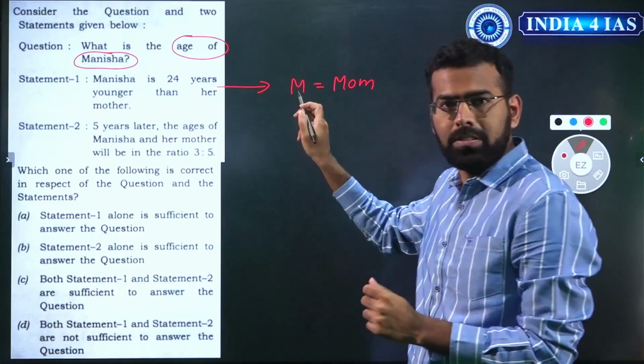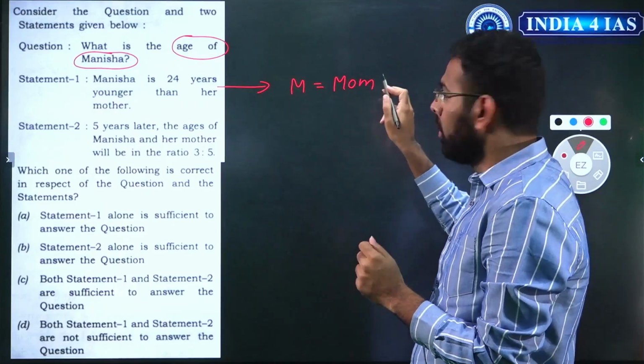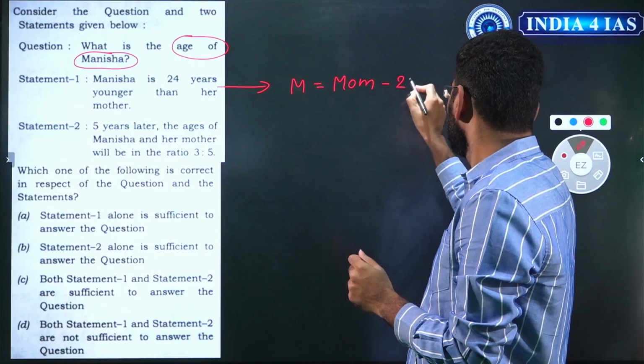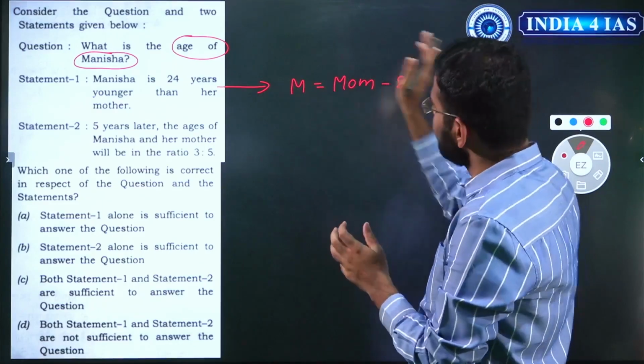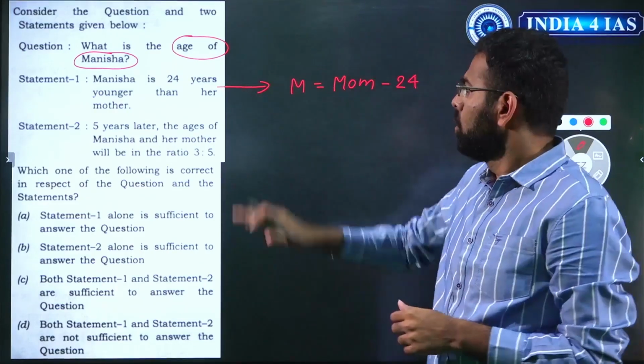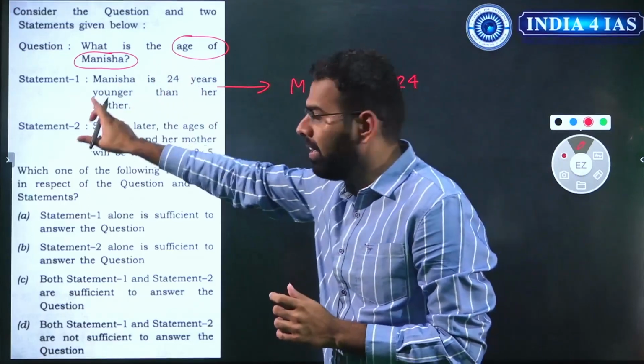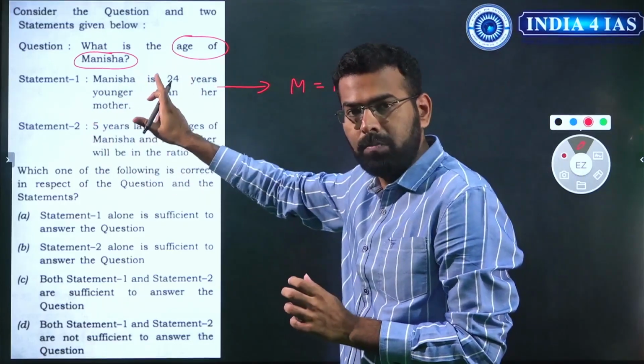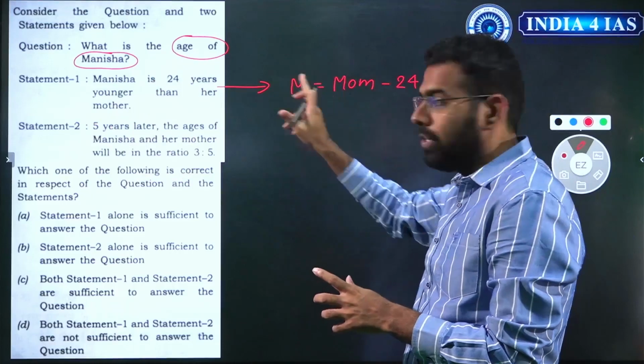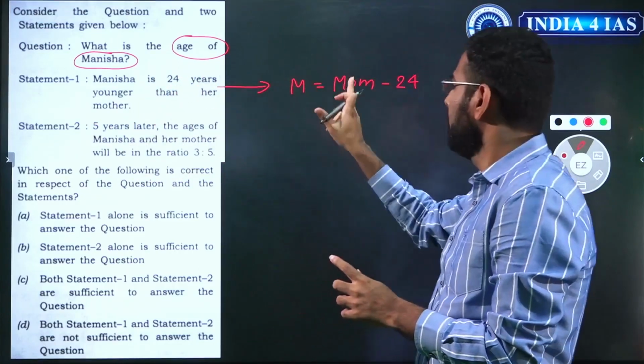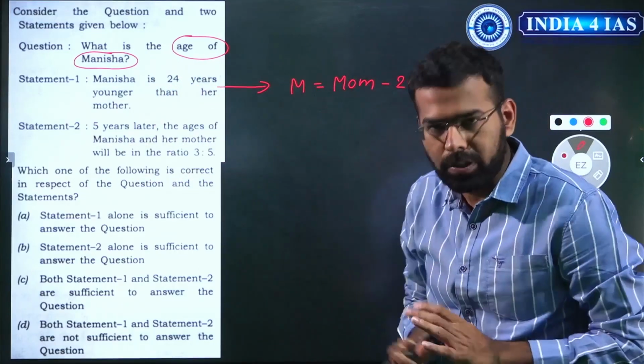So Manisha's age is equal to mother minus 24, correct? Because Manisha is 24 years younger than her mother. So this is what I said: understand the statement or the question properly, then use the data given in a relevant mathematical equation.